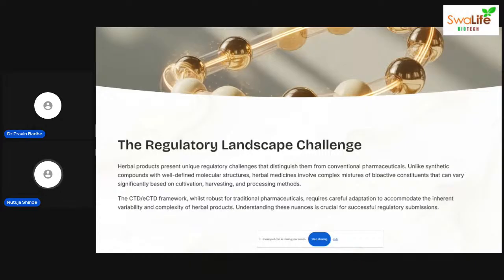Their composition can change based on how plants are grown, harvested, and processed. Because of this variability, applying the CTD or eCTD framework isn't always straightforward. So it needs a careful adaptation, and understanding these nuances is critical for success.